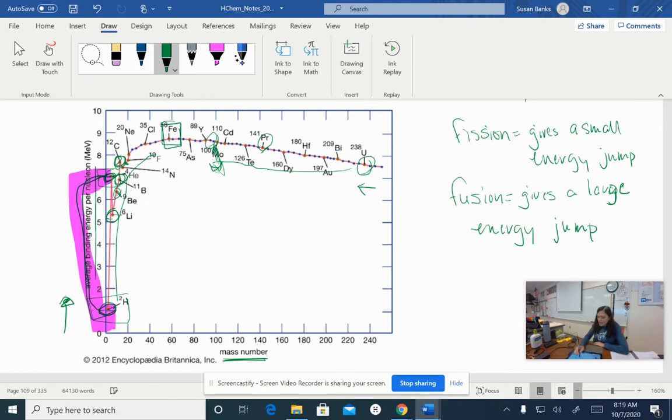And this is why hydrogen bombs, I don't know how much nuclear history you guys know, but this is why hydrogen bombs are so much more powerful than the nuclear bombs that were fission bombs that we dropped on Hiroshima and Nagasaki.